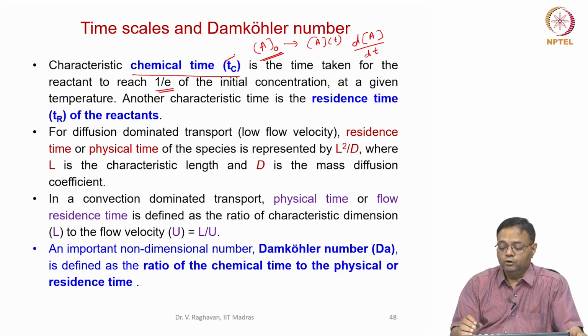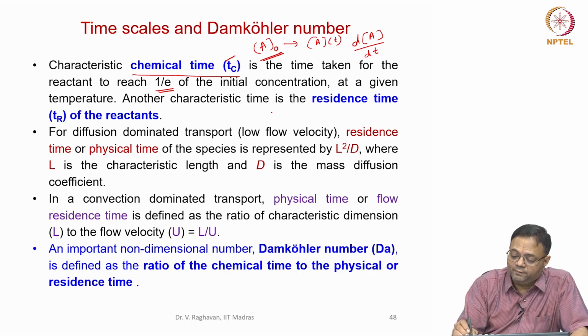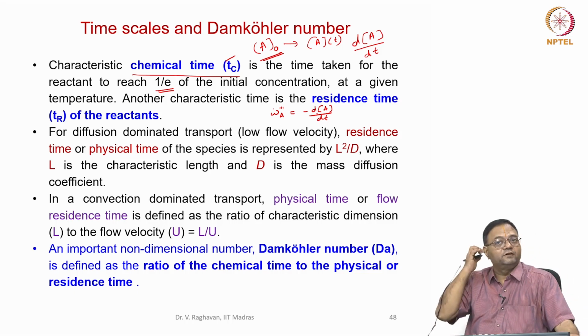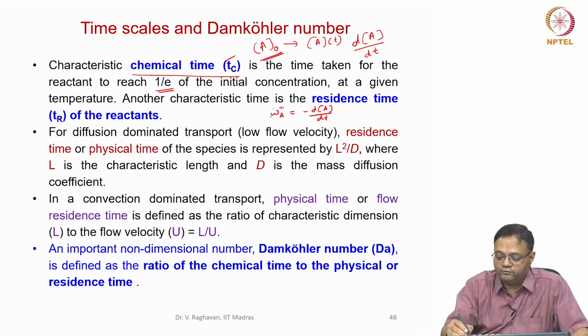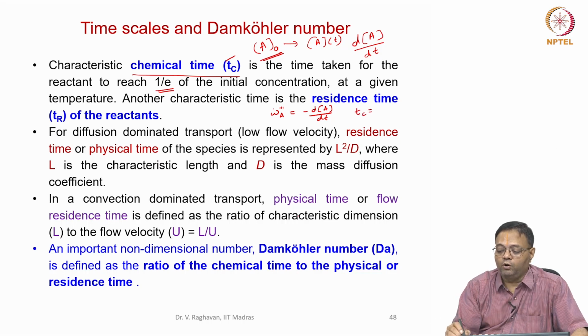Okay, very simple. So now I can find this chemical time as if omega triple dash A, which is equal to minus dA by dt. This is the rate at which A reduces. So it is actually kilomole per meter cube second. So this is the reaction rate. Then I can say the chemical time Tc will be equal to what?